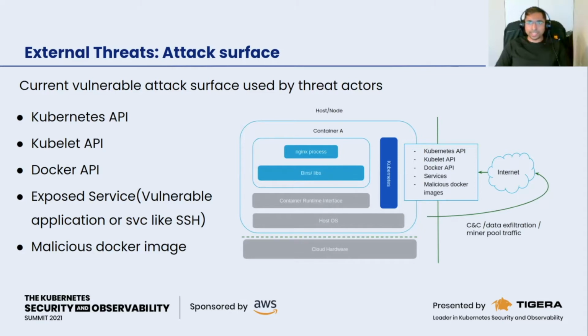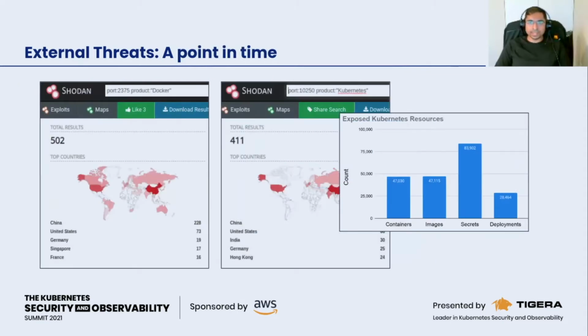And just to see how big of an attack surface this is, just before this session, I looked at how many open Docker APIs and how many kubelet APIs, that is the Kubernetes process running on a particular host, we can find exposed on Shodan. And I found almost 500 entries of each.